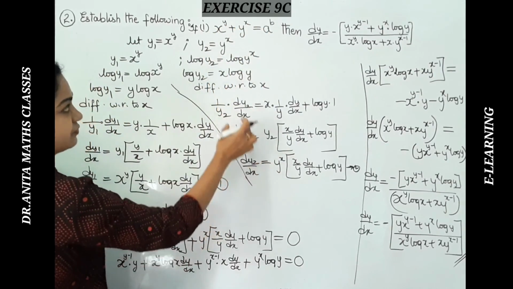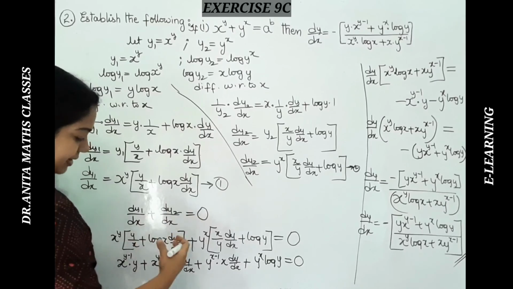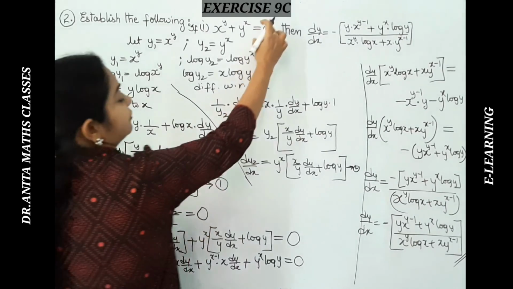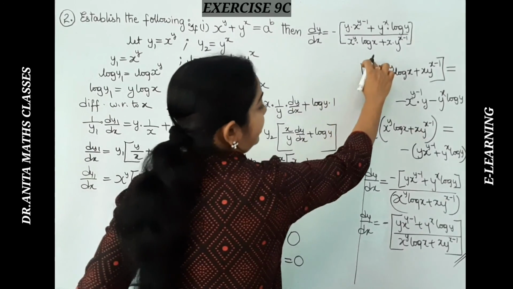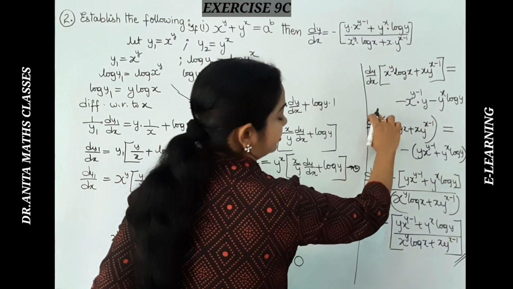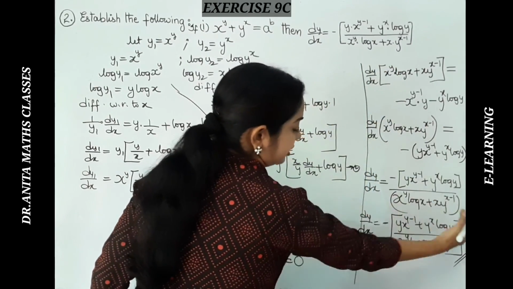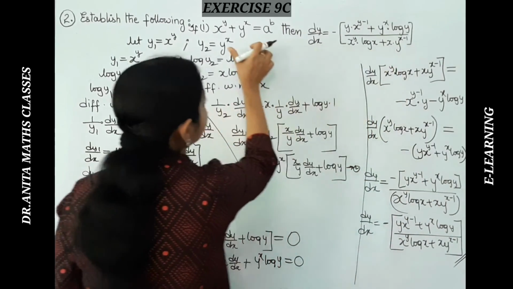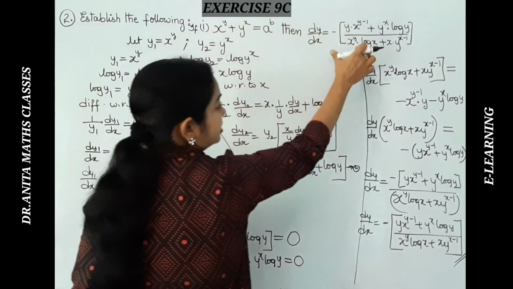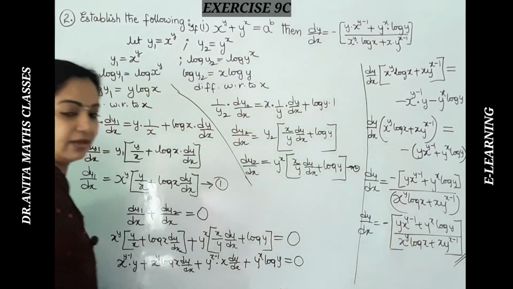So differentiation of both of them, I am adding. That means differentiation of the constant is 0. I am adding both of them, and finally dy by dx I am taking it out, so that the other terms I am shifting it to the other side. This becomes minus upon this one. So we have started with this function and we got this function. This is the final answer.